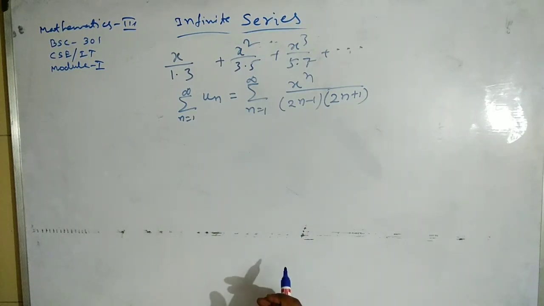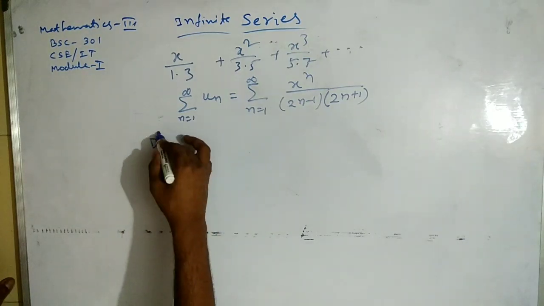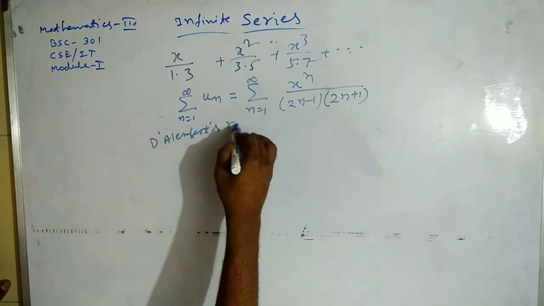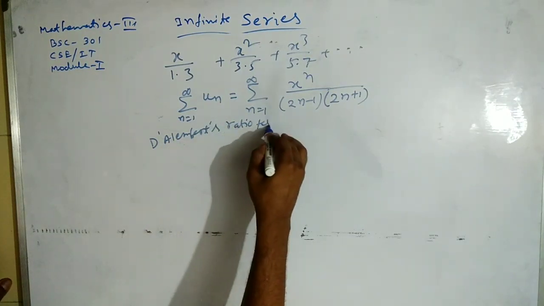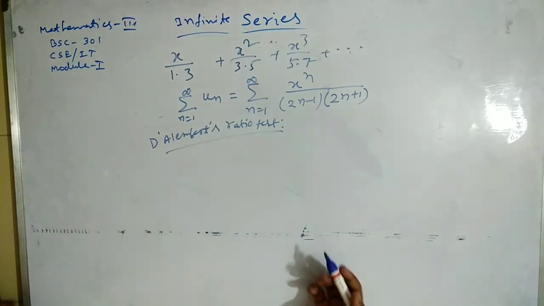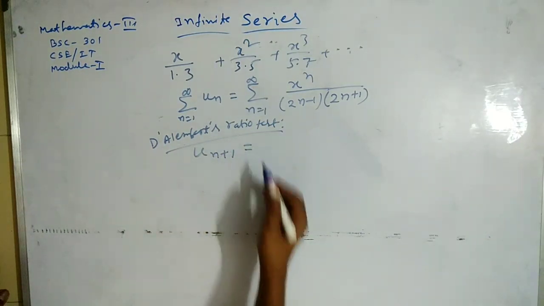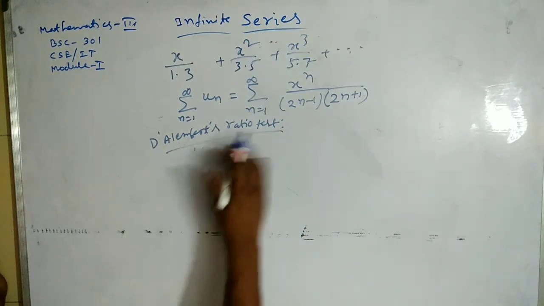So for checking convergence of this series, first we'll apply D'Alembert's ratio test. For D'Alembert's ratio test, we need to know what is un plus 1. So first we write un separately.